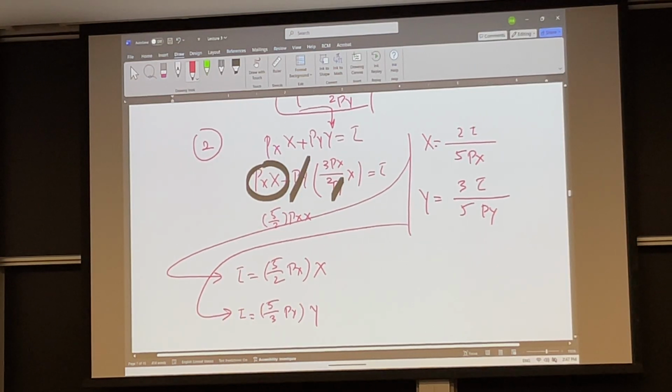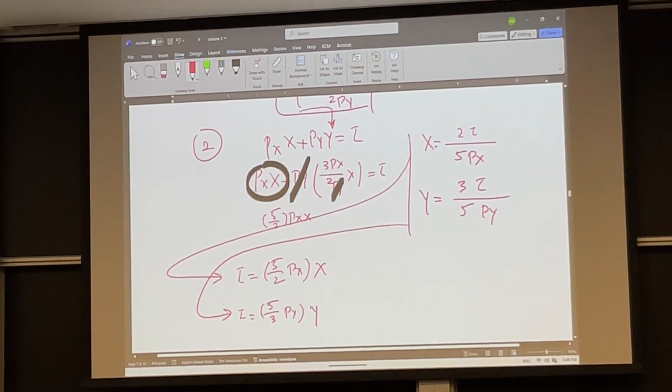That's 5 over 2. Got it. Px x, 3 over 2 px x. Add them up. That became 5 over 2. Make sense? If you don't like it, just write 1.5, write 2.5. It's the same thing. But then when you flip it, it's ugly, right? So I wrote it as a ratio.